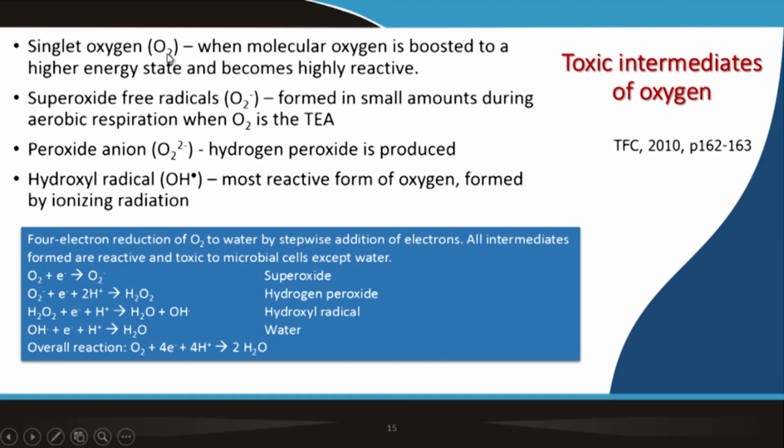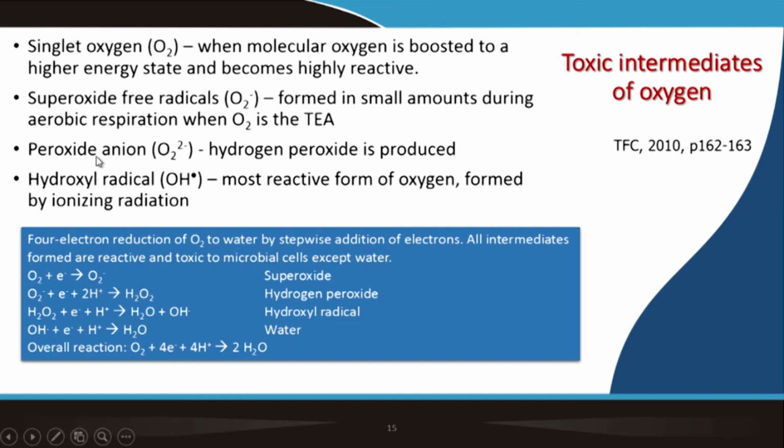So we have singlet oxygen, which I said is molecular oxygen. It is basically the molecule is boosted to a higher energy state, it becomes highly reactive, and that's one of the toxic intermediates. Then we have superoxide free radicals, O2 minus, which is formed in very small amounts during aerobic respiration when molecular oxygen is the terminal electron acceptor.